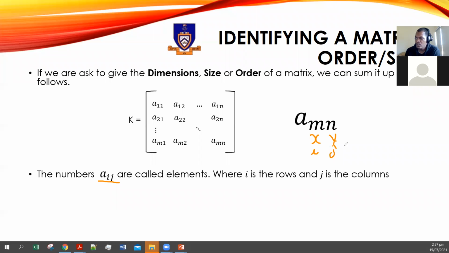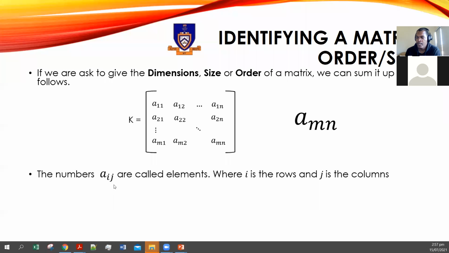In some textbooks, they talk about I and J. In other textbooks or on YouTube, they talk about M and N. And then on a Cartesian plane, we will talk about X and Y. And this is also what we need to be aware of, all right? So whether it's X, I, or M, that will be our rows. And whether it's J, Y, or N, that will be our columns. That's the only thing we need to be clear on, right?